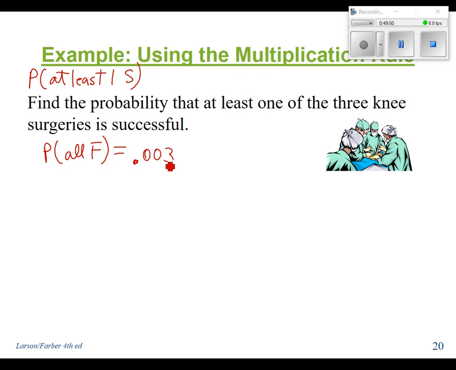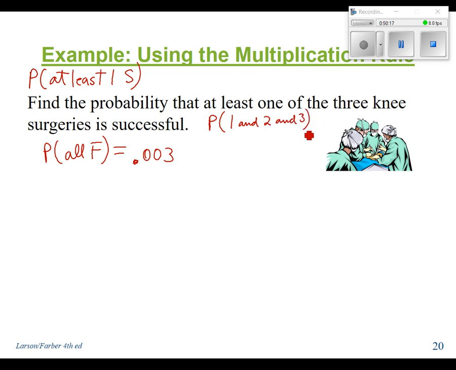But the easier way: if they're all failures, what's the only thing left that's not all failures? What are the probabilities that are left that are not all failures? How many successes? You could have 1, 2, 3, right?